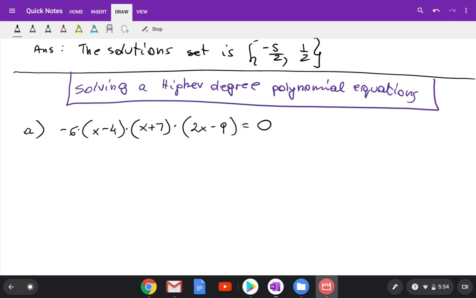Here, first of all, this is perfect, because you have a product and you have a 0 on the right side. So we definitely are ready to use the zero product rule.